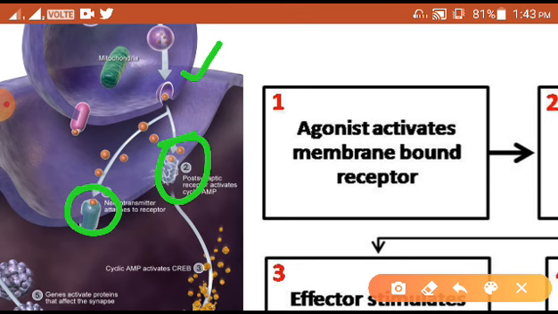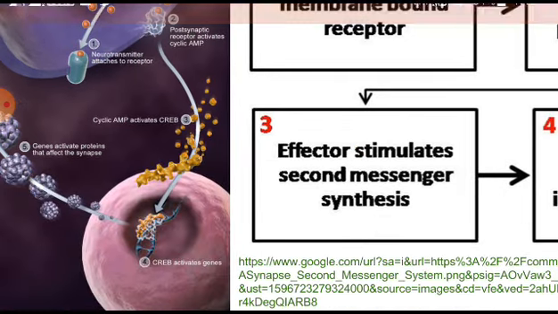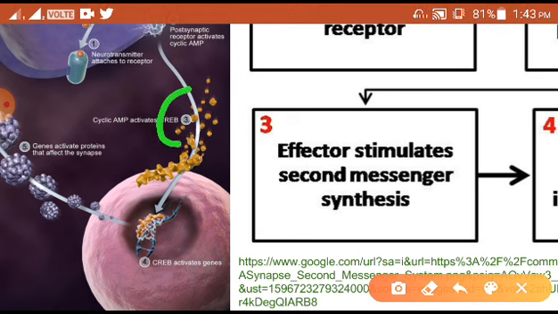So the message: the hormone has activated the receptor, the receptor has activated the second messenger, and the second messenger will further activate another protein, which here, for example, is the CREB protein. This CREB protein will ultimately reach the nucleus, and it will activate a particular gene.